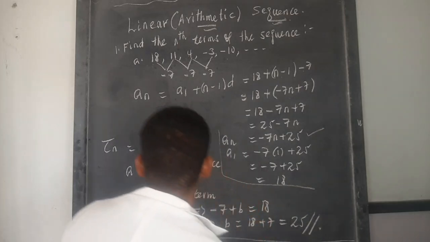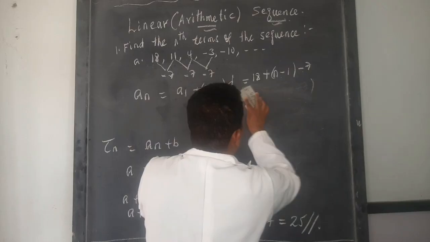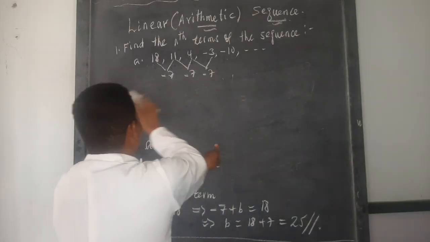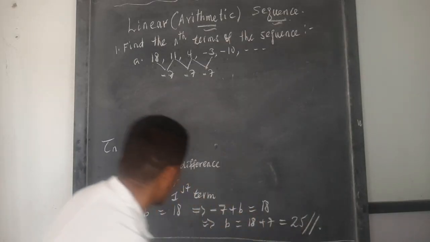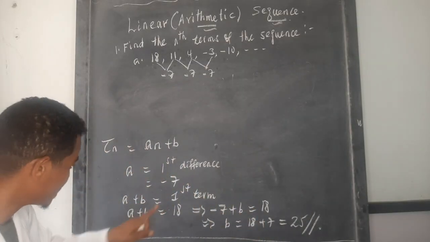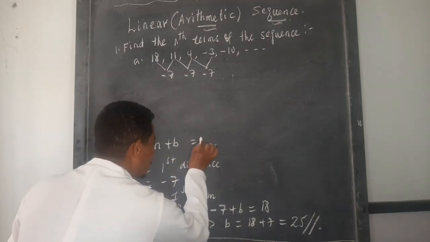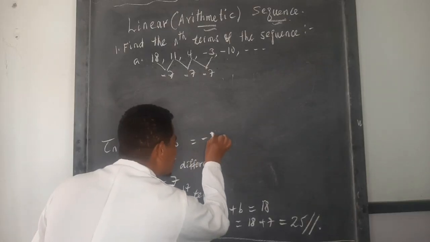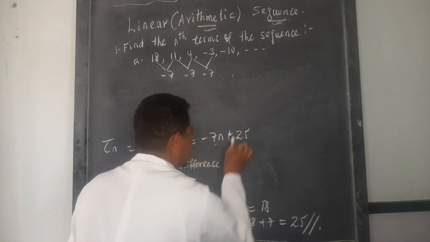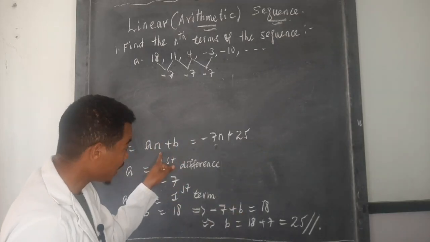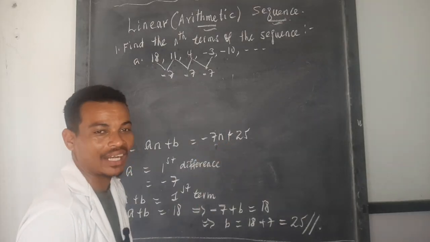So from this one, a is equal to -7, b is equal to 25, that is tn is equal to an plus b, which is -7n plus 25. So the nth term in this way, an plus b, with a as -7 and b as 25, is minus 7n plus 25.